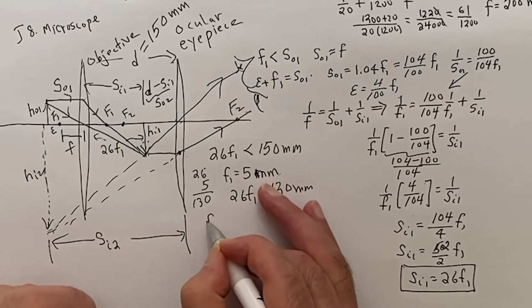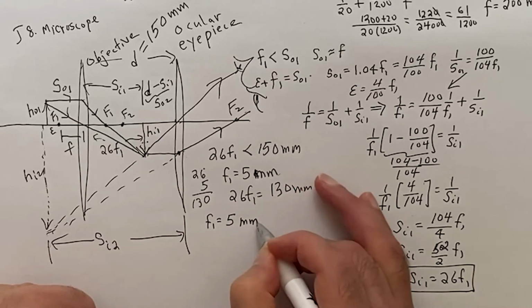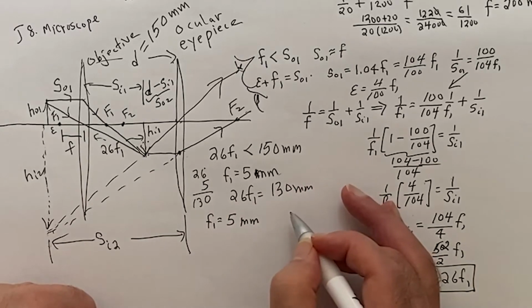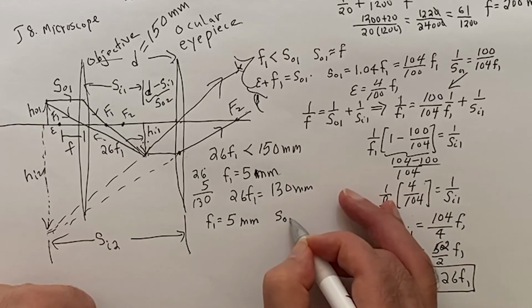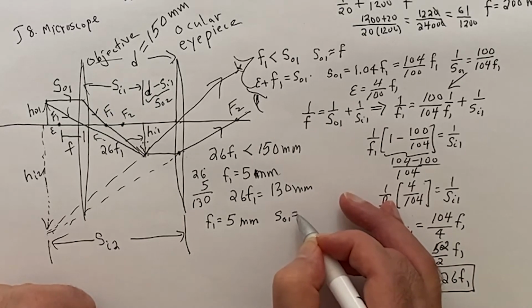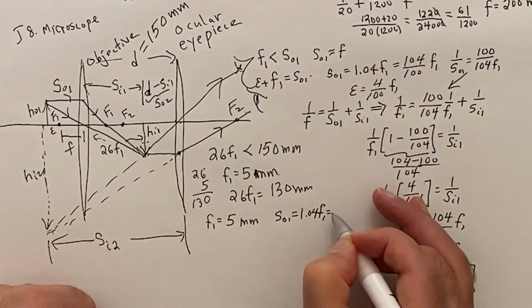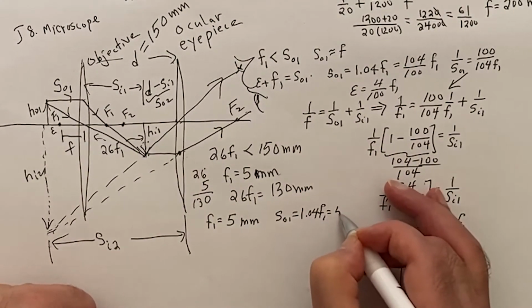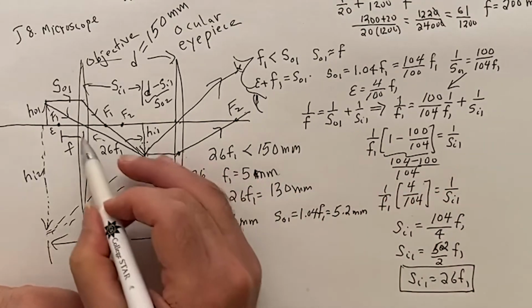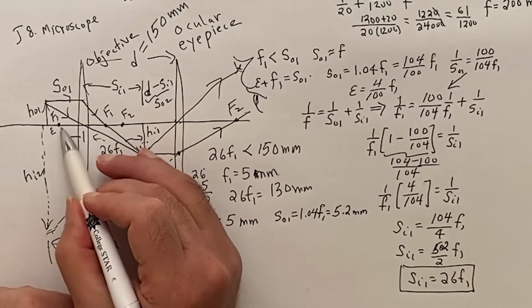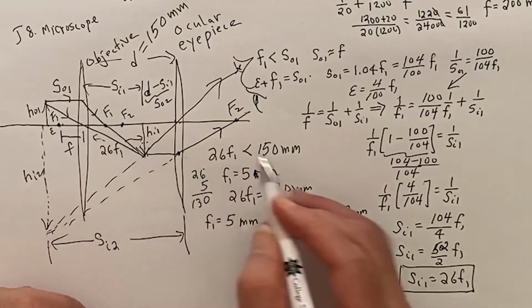We have the first focal length to be 5 millimeters. We have the object distance is 1.04 f1, which now when we plug in, we'll get 5.2 millimeters. So if this is your 5 millimeters, this is like 5.2, real close by.